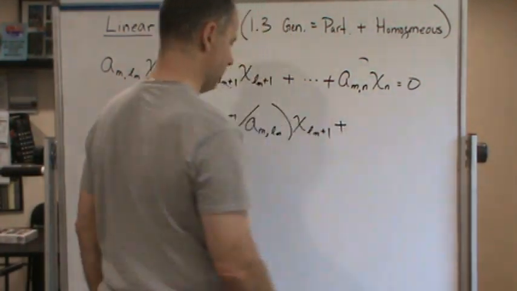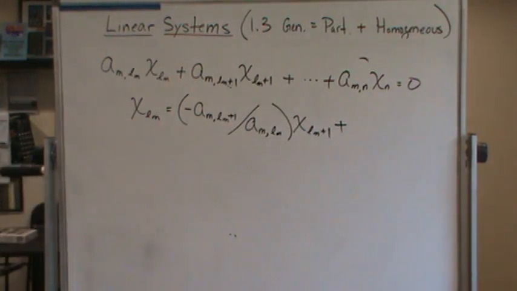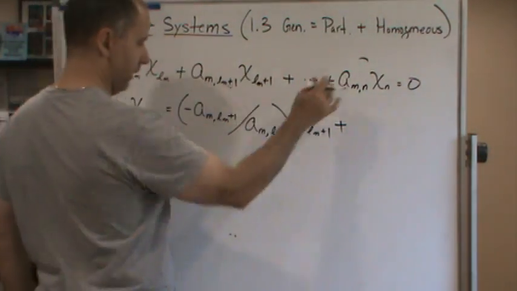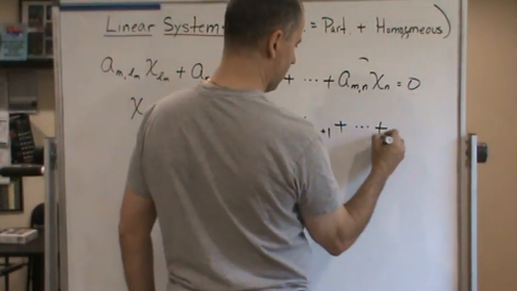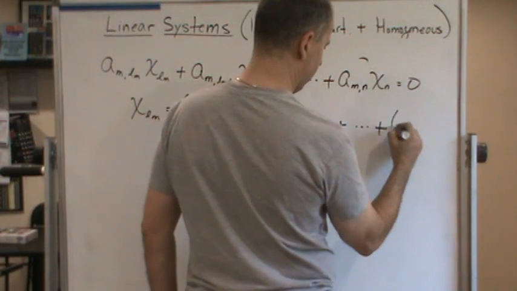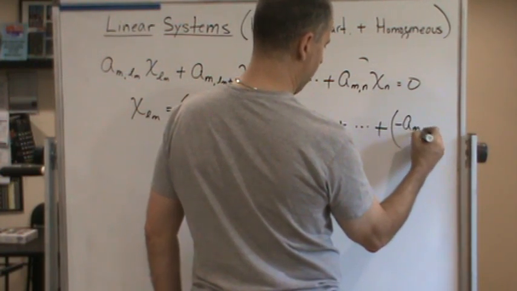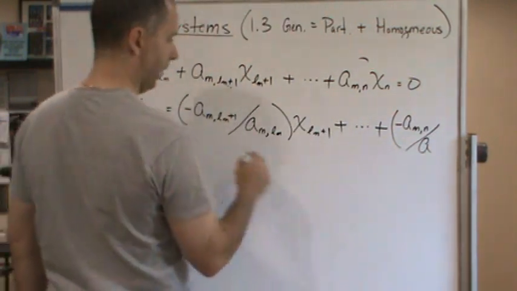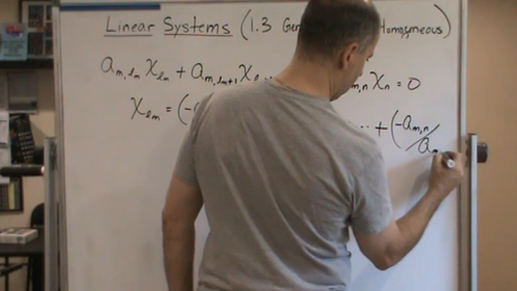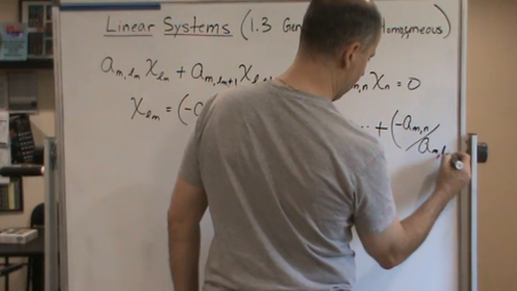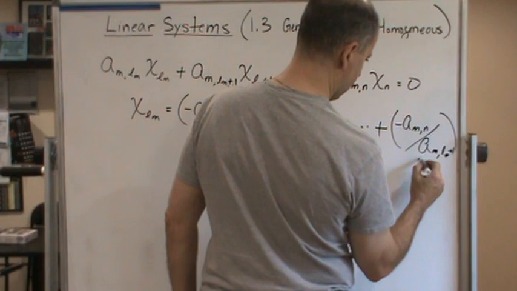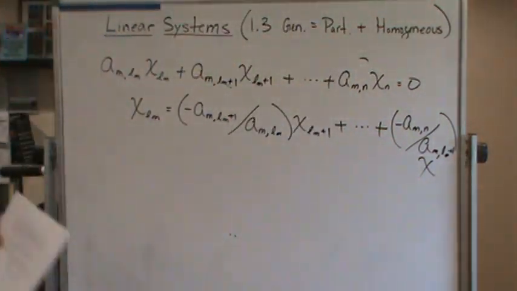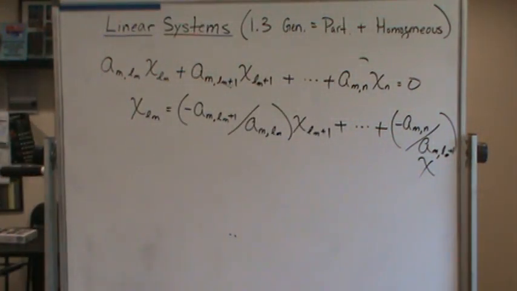And then plus, well, what do we get? We're going to do this for all of these, and so plus dot dot dot plus, and then we're going to get minus a sub m comma n divided by, again, a sub m comma L sub m plus 1 times x sub n.